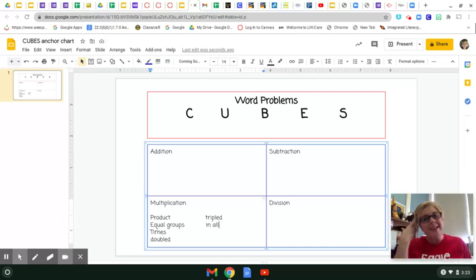For example, if I need to add 5 plus 5 plus 5 plus 5 plus 5, and I need to know how many in all that is, I can add, or I can multiply 5 groups of 5. And so we have to really make sure that we pay attention to the rest of the story problem if we see the words in all, and what exactly they are asking. That's also like the word altogether. I'm going to add that word to our box.